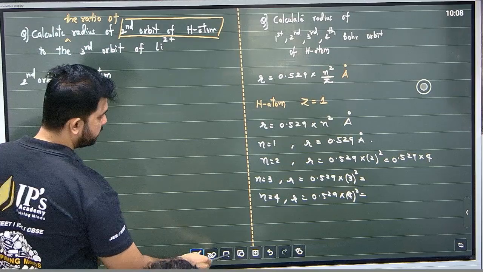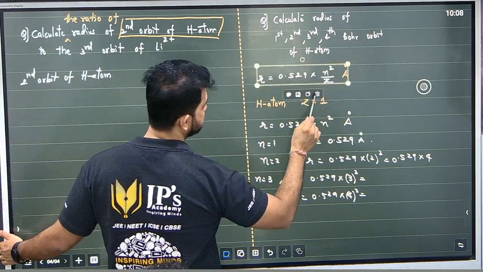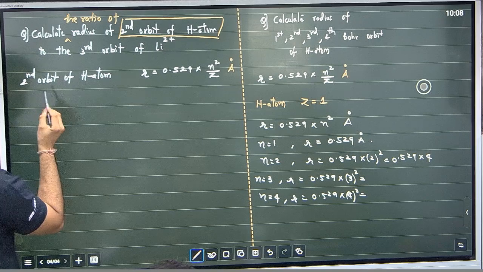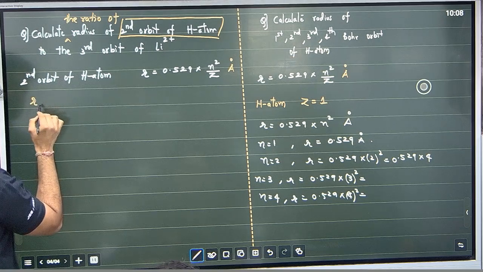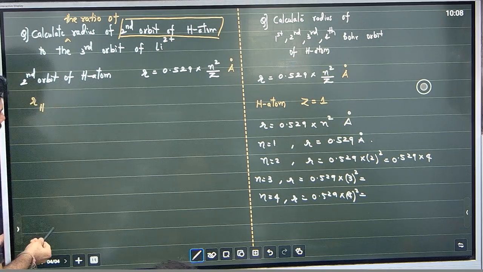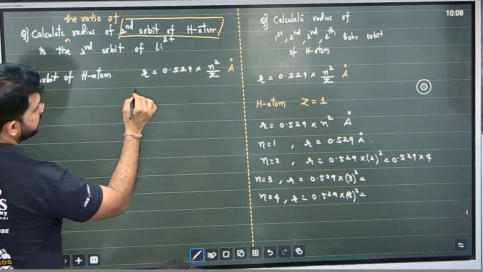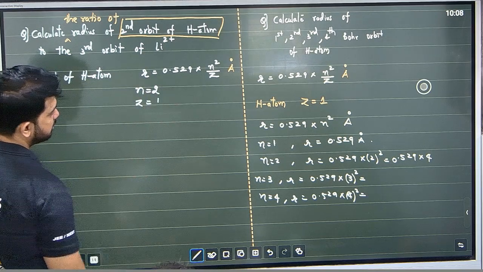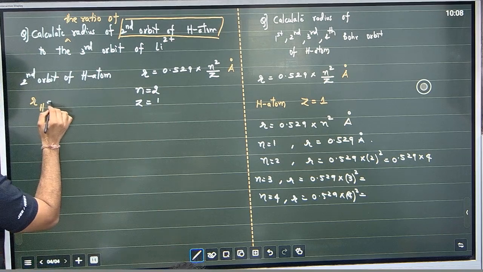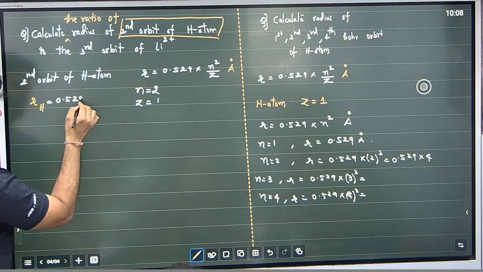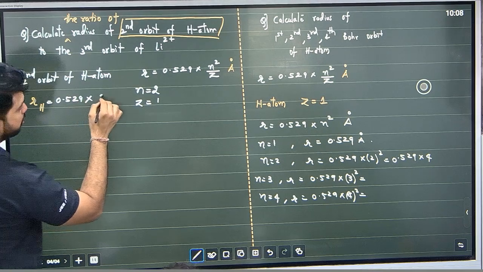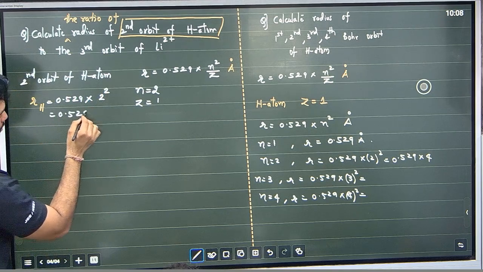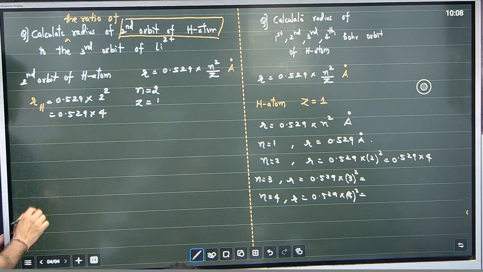We already have the formula for radius here. Second orbit of hydrogen, so I'll write it as R of H. We're saying second orbit, which means n is equal to 2, z is 1. So radius will be 0.529 into 2 square. I'll keep this as it is. 0.529 into 4. There's no need to multiply.